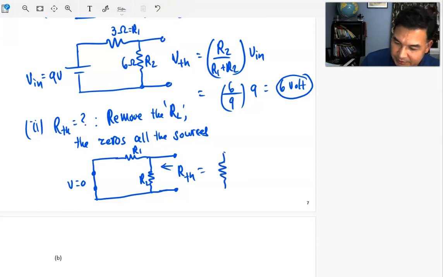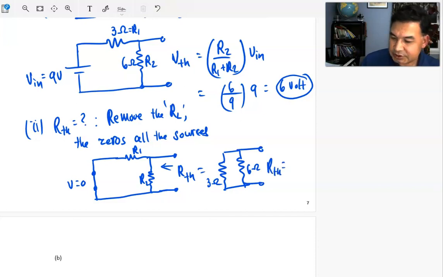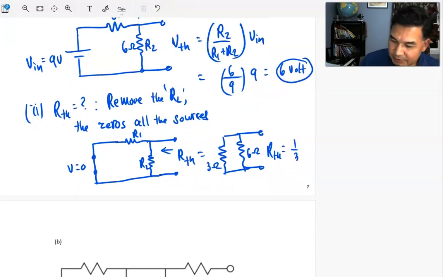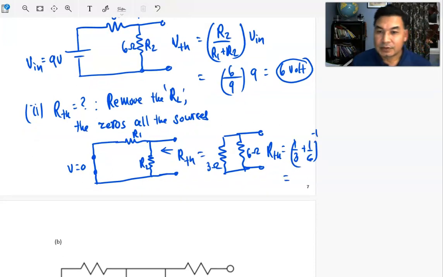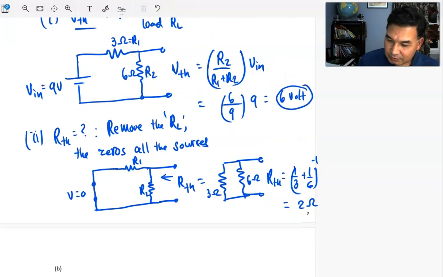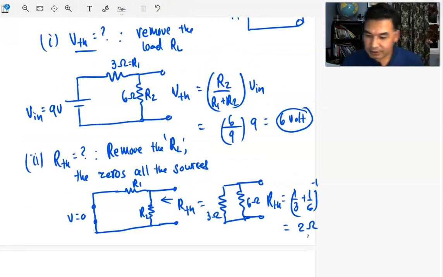This becomes a parallel combination of 3 ohm and 6 ohm, which is 2 ohms.